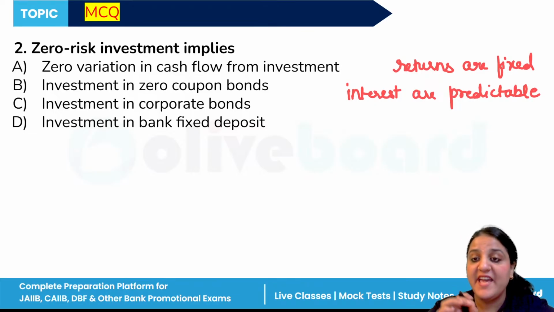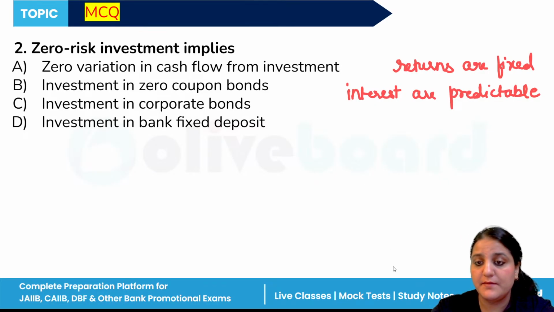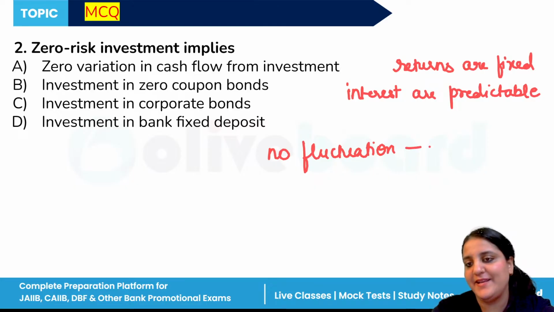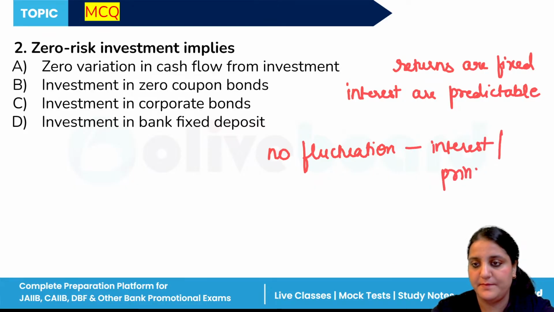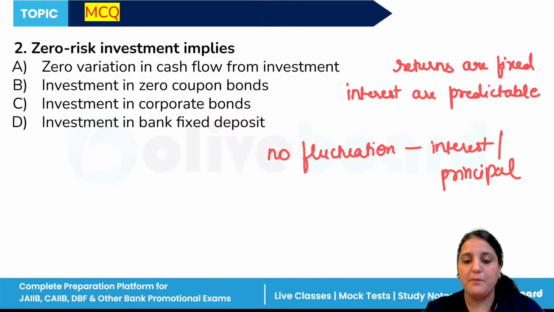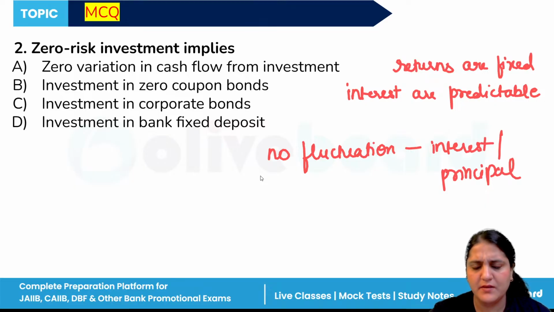So there are no fluctuations in interest as well as principal. We can understand with the help of an example. Suppose bank fixed deposits or government bonds provide fixed interest.